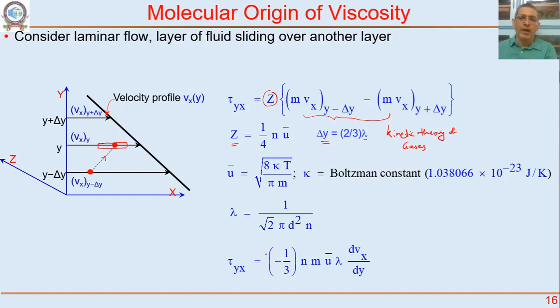And then we could derive a relationship that the stress, right? So this is stress, this is nothing but force transmitted, it is nothing but rate of transfer of momentum per unit area. That's our stress, tau yx. And then you simplify, use Taylor series approximation for this Vx, and you get this expression.